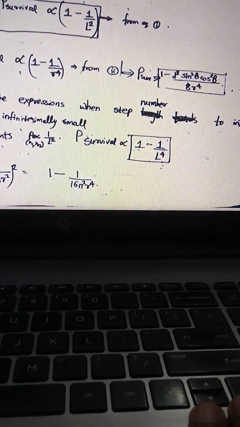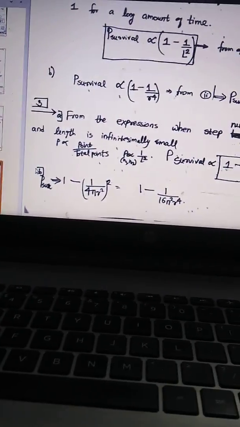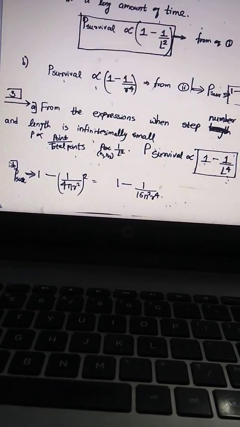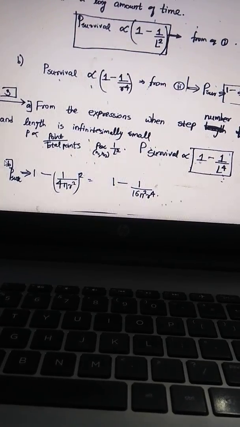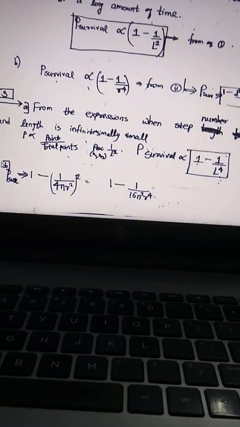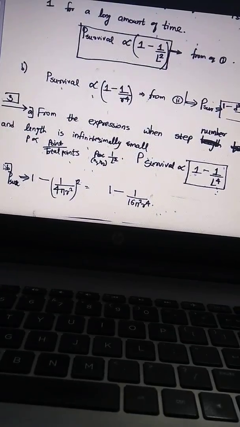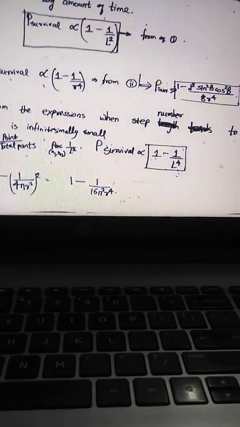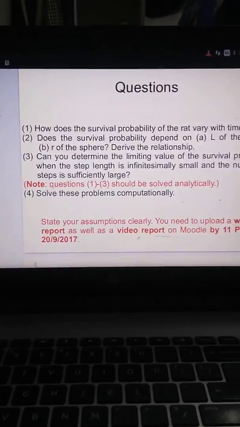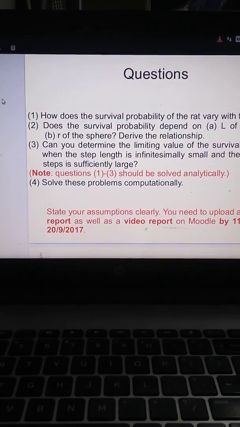Similarly for the sphere, it would be 1 minus 1 by 4 pi r square whole squared, which is 1 minus 1 by 16 pi square r square. Both of these formulas can be easily found if we tend the number of steps to infinity and make the length infinitesimally small.